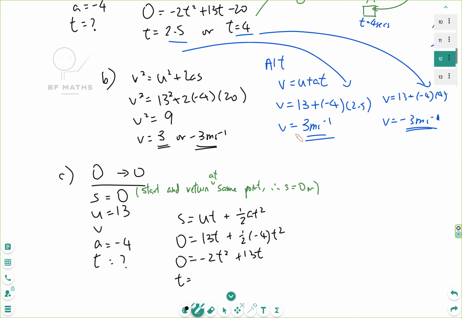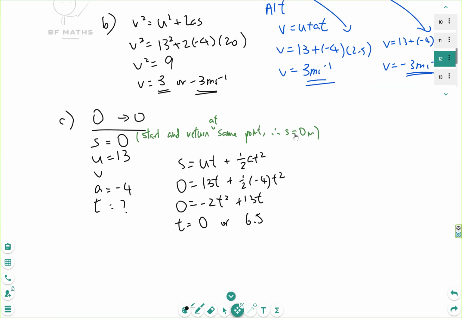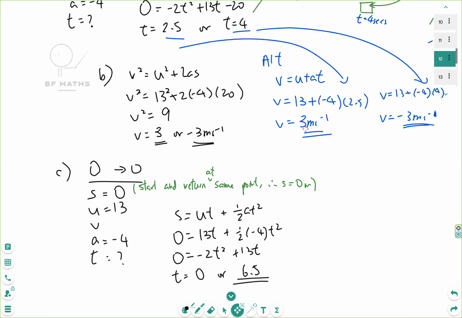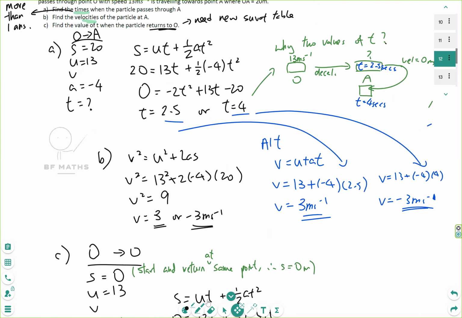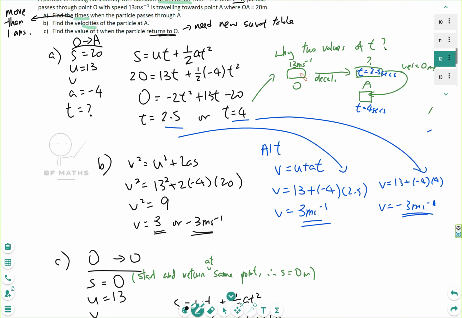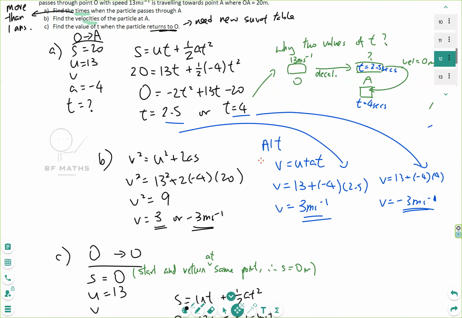Put it in a calculator and you should get t equals 0 or 6.5. Of course, 6.5 is the answer we need, because t is 0 means we started at O. 2.5 seconds at A, 4th second at A, 6.5 seconds at O. So that's the answer.